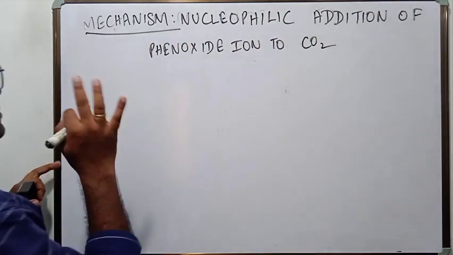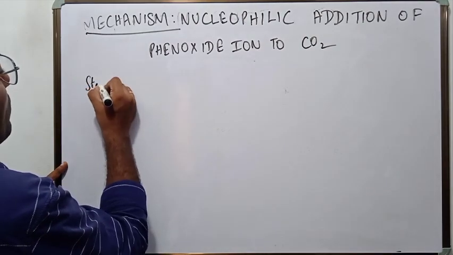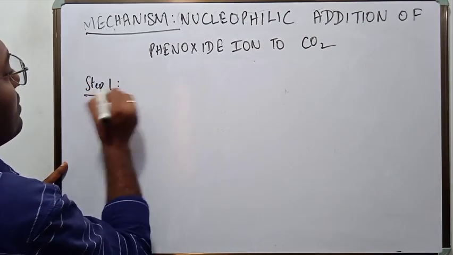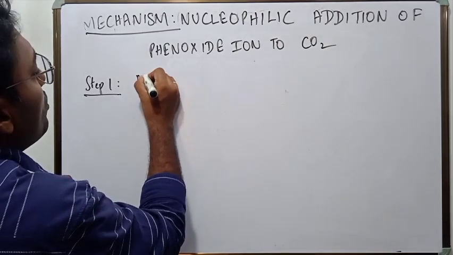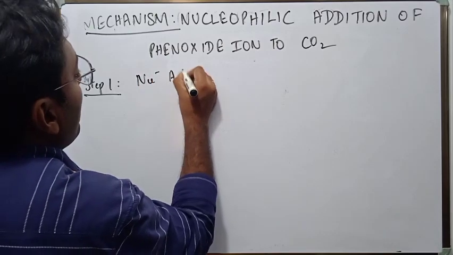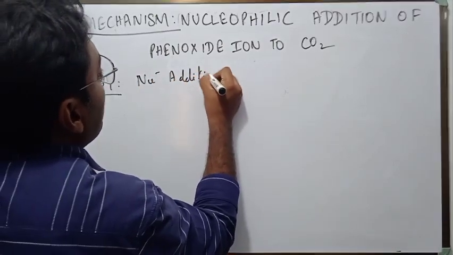There are 3 steps in this reaction. Step number 1: nucleophilic addition and formation of the carboxylate intermediate, not ion, intermediate.